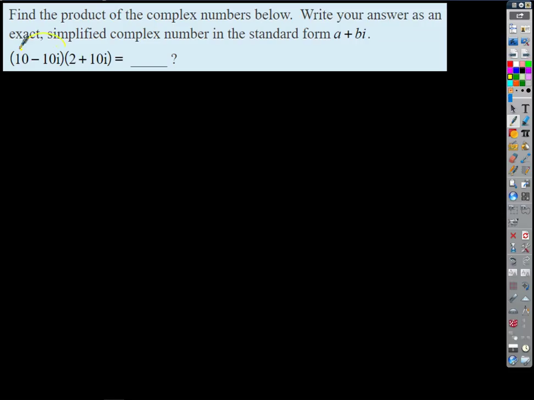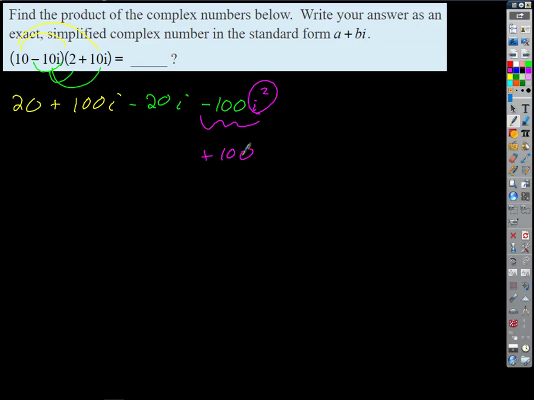So we distribute the 10 through: 10 times 2 is 20, 10 times 10i is 100i. We distribute the -10i through: -10i times 2 is -20i, and then -10i times +10i is -100 i squared. And i squared is equal to -1, so that makes this whole thing equal to +100.